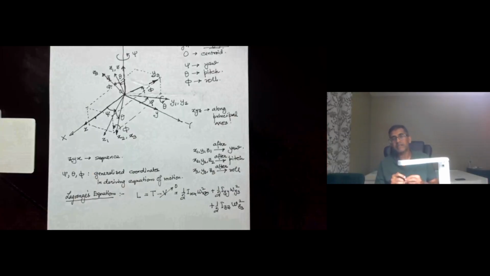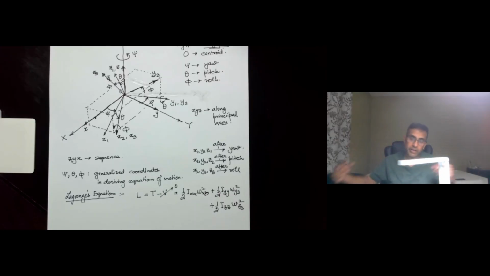And because of this, we don't have the products of inertia in the overall inertia tensor. So it's a diagonal tensor. And so when we do the dot product with the angular velocities, we only have these terms. We don't have the product of inertia terms.